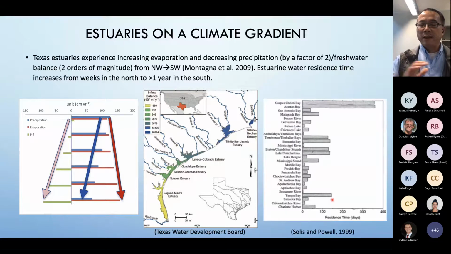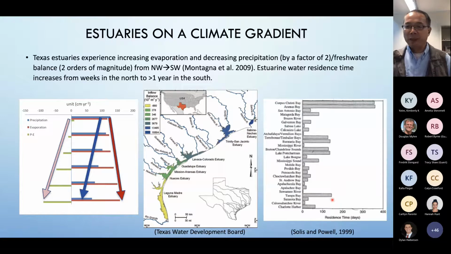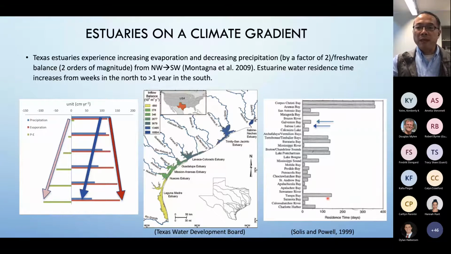As you can see from this figure, it's kind of grainy. I copied it from an old book. You can see these are different estuaries around the Gulf, and the residence time of these different estuaries. Now we look from the northern part of the coastline, Sabine Lake, that's in between Texas and Louisiana. So a few days of residence time, and then move to Galveston Bay, increased to about a month or two.